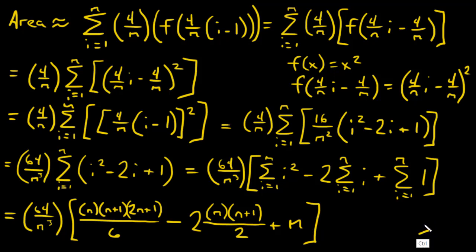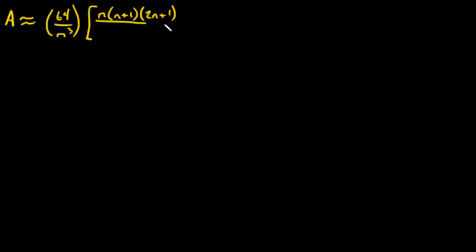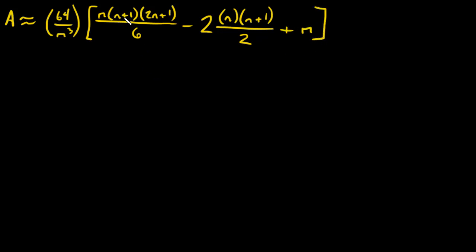So we have the area is approximately 64 over n cubed times bracket. This was n plus 1, 2n plus 1 over 6 minus 2 times n plus 1 over 2 plus n. Okay, now we can evaluate all this.